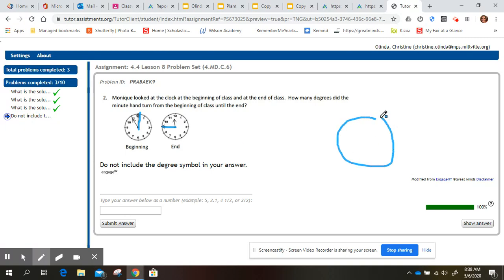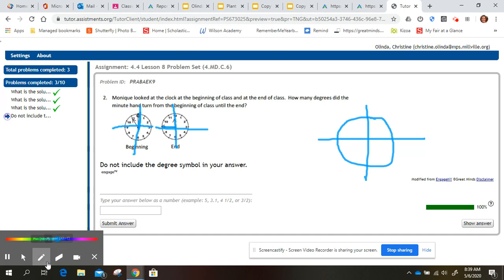So thinking about it, each quadrant is 90 degrees. So if I broke this like that, and the hand was here, but now it's here, and we know that clocks turn to the right, they go clockwise. It went 1 quadrant, 2 quadrants, 3 quadrants.